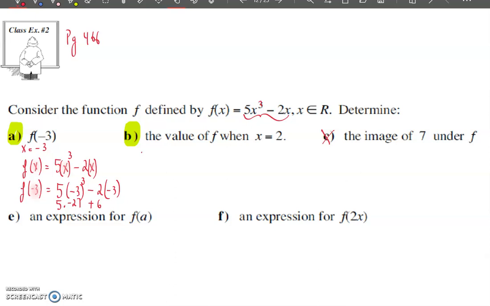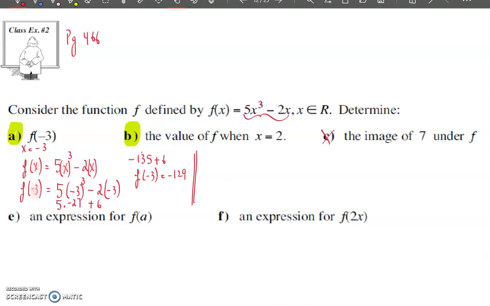So you get 5 times -27, which gives you -135, plus 6. Your final answer for f of -3 is -129. That means the y value will be -129 when x is -3.